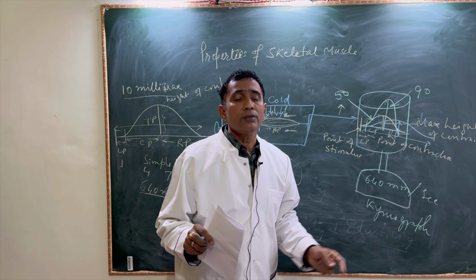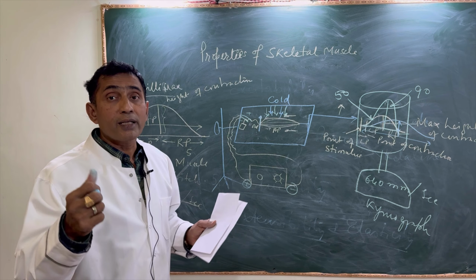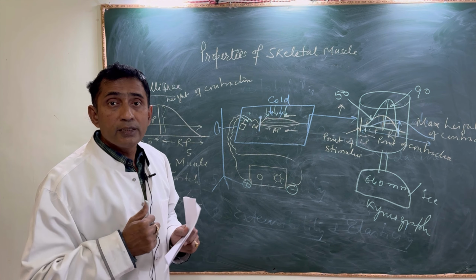So the temperature is a big factor. It can change the excitability, it can change the contractility, it can change the type of contraction, whether it will be a weak contraction or a strong contraction. That contraction changes by altering the temperature of the muscle.